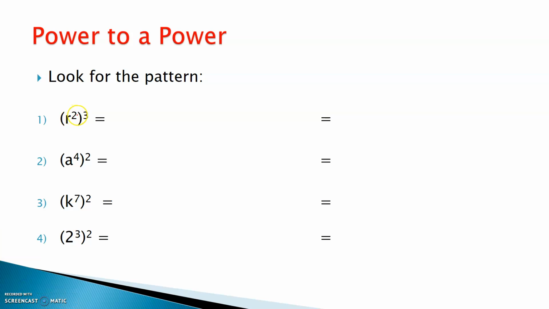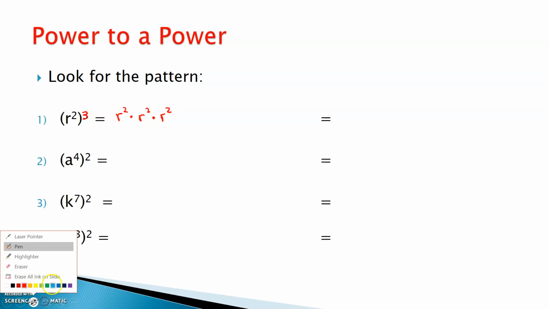So r to the second to the third power. What does this 3 tell me? How many copies of this do I have? I have 1, I have 2, and then I have a third copy. But then what does each individual one of these say? What does r to the second mean? That means r times r.